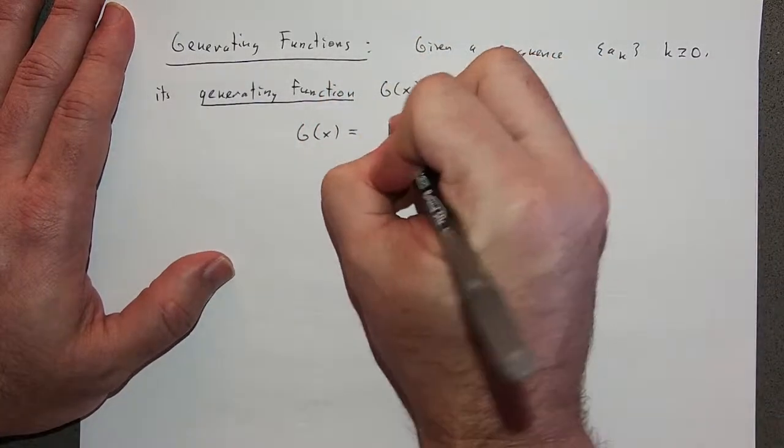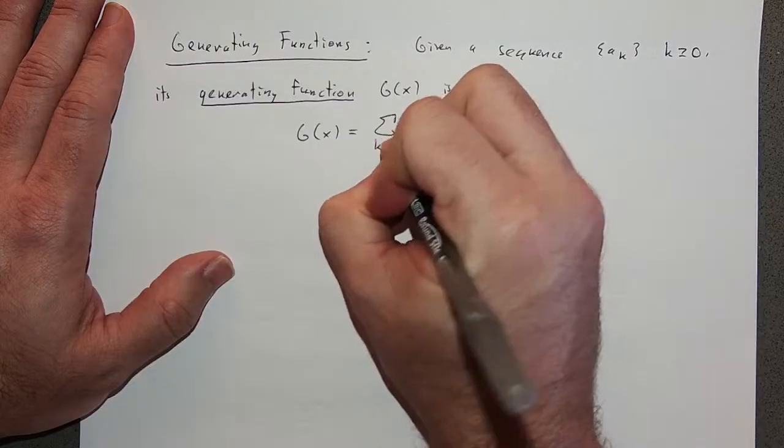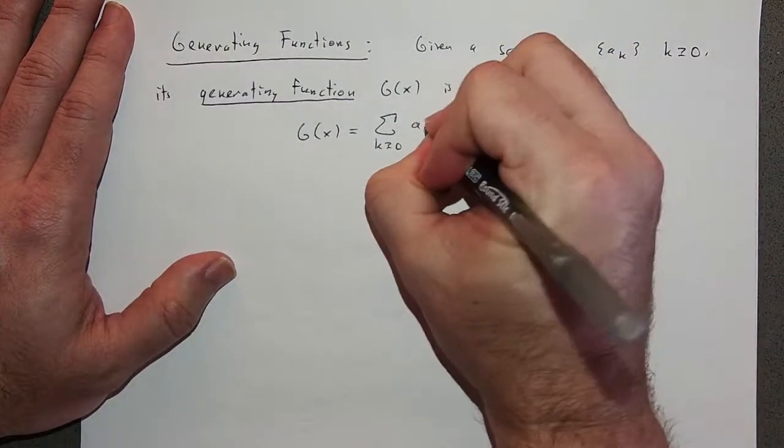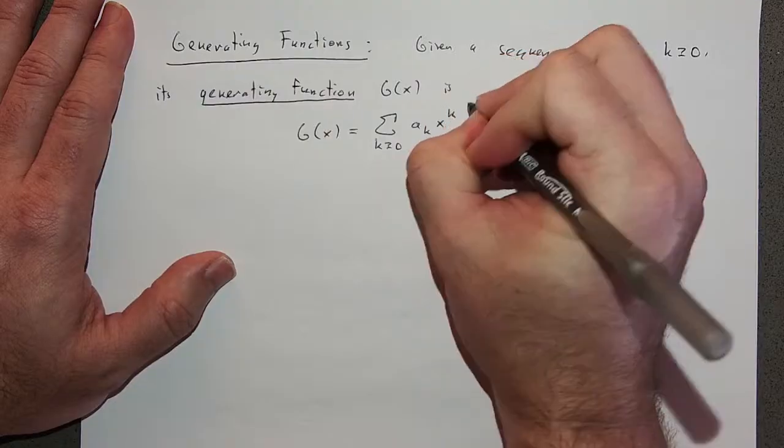This is the sum over k non-negative of a sub k x to the k.